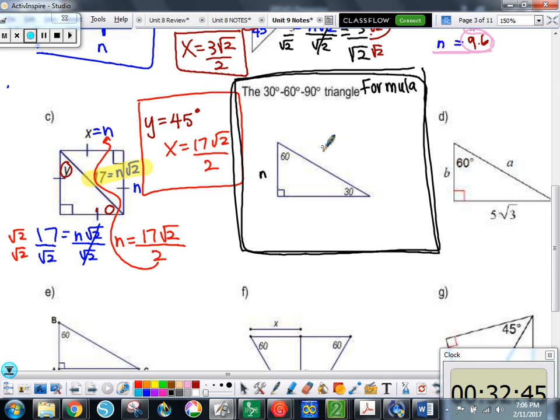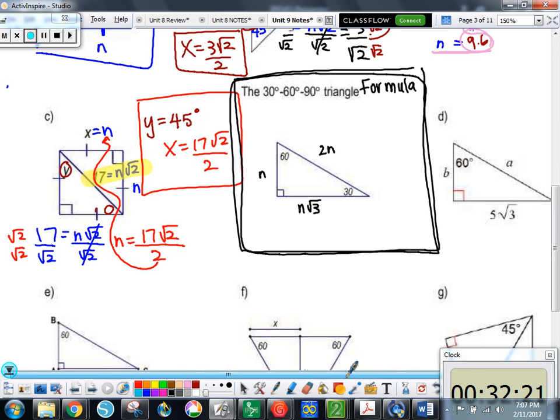Across from the 90 is 2n. And across from the 60 is n square root 3. We are going to do these problems just like we did the 45, 45, 90.